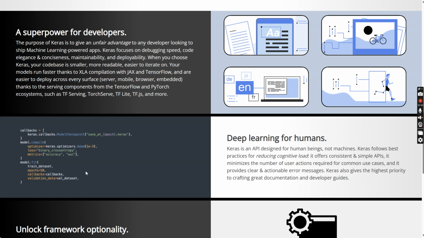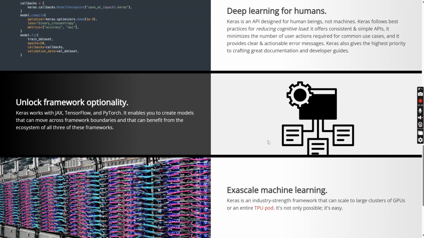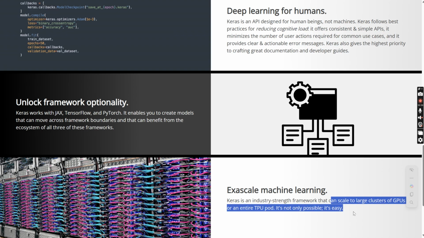If you are going to use deep learning based NLP models, you have to know keras. As you can see, it is a very, highly scalable library. It can scale to large clusters of GPUs or even TPU pods.